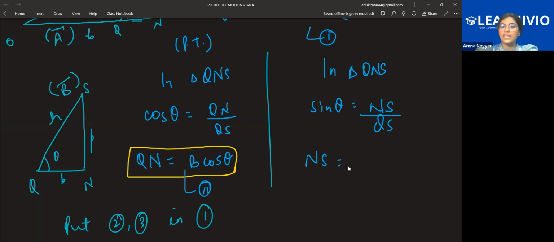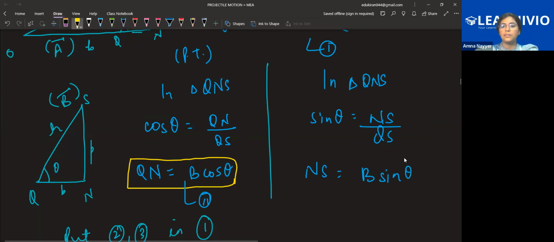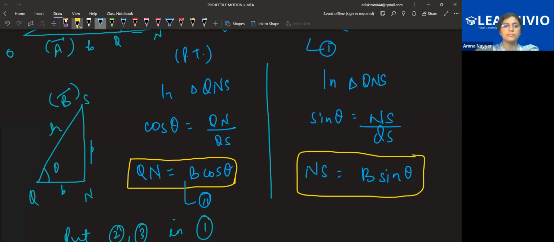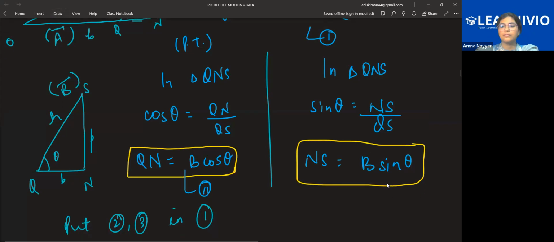Again, we have QS as B. So I'll get B sine theta. This is the third.